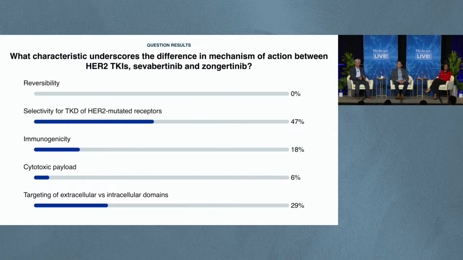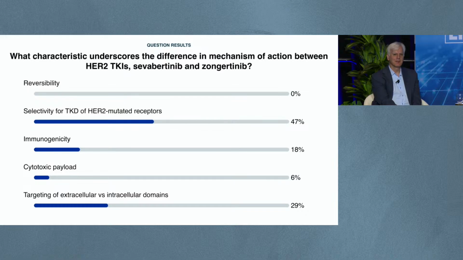Great. So you are a wonderful crew, but you know nothing about these 2 TKIs. So a lot to learn today, because the one option that you didn't vote for is the correct one. The big difference between these 2 TKIs, which are both very selective in terms of efficacy for the TKD of ERBB2, is that one of them is reversible, one of them is irreversible, and one of them targets only ERBB2, while the other targets ERBB2 and EGFR at the same time.